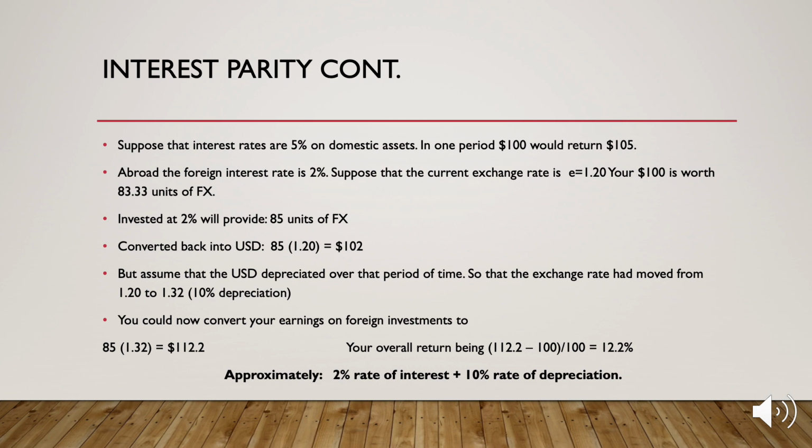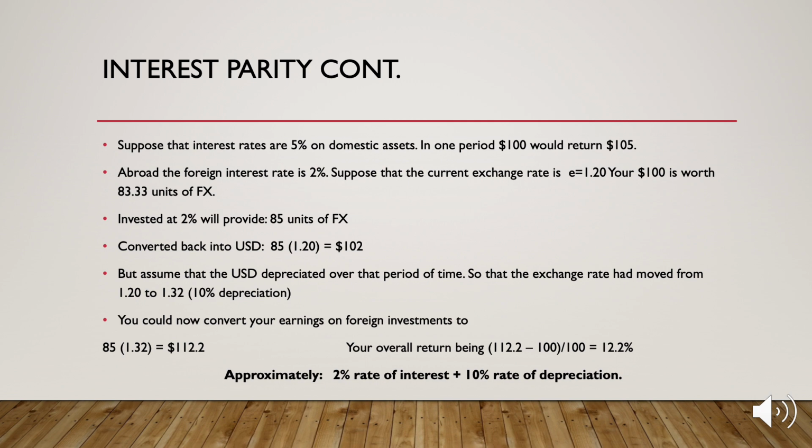Let's change that assumption of the exchange rate not moving or being fixed and assume that the US dollar depreciates over that period of time. It's depreciated enough so that now the exchange rate has moved from 1.20 to 1.32. You'll note that this is a 10% depreciation.